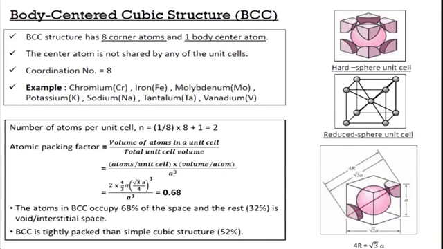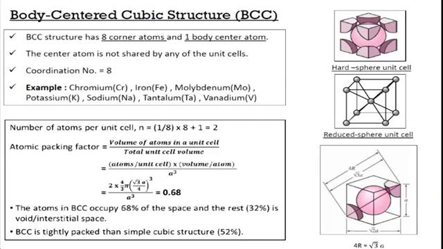That means 68% of the space is now occupied and 32% space will remain as a void or interstitial space. Compare this with a simple cubic structure which has only 52% space. So, naturally this is a much more compact system.